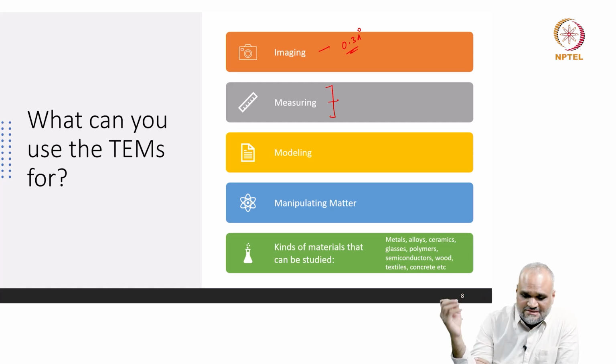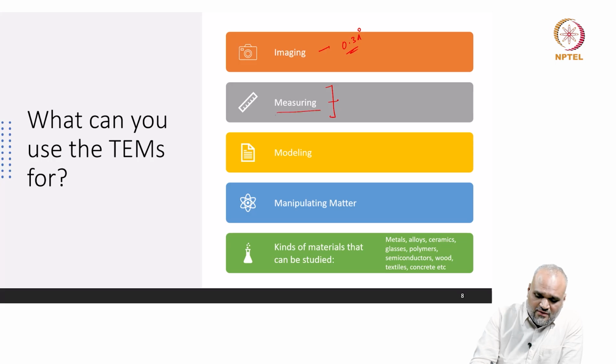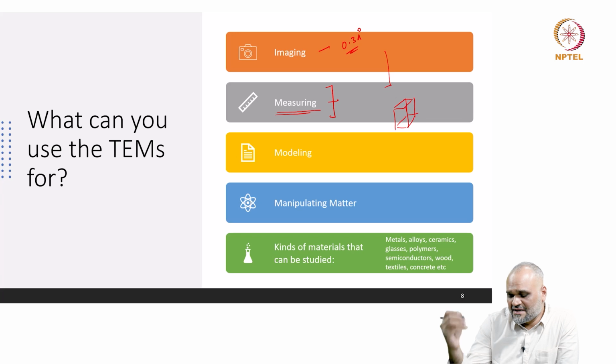This kind of information, to build an understanding of what has happened to your sample, is what you use these tools for. From the imaging and the measuring together, I can get, for example, from an unknown sample, what kind of crystal structure a material has. If I have atoms arranged in some kind of three-dimensional fashion like this, I know the spacing between these atoms sitting in a unit cell, and at what height they are sitting in a unit cell.